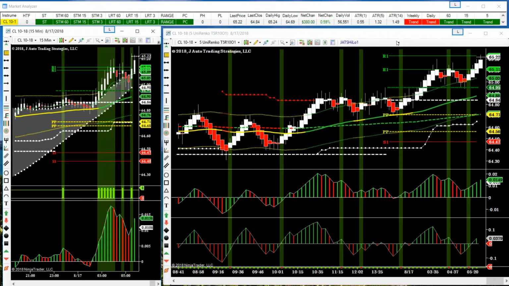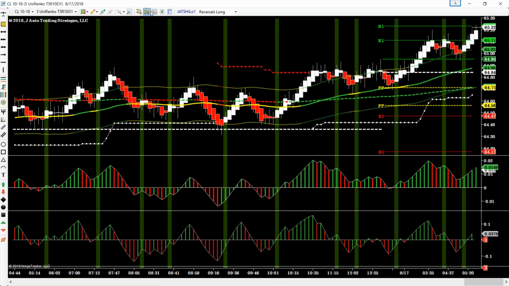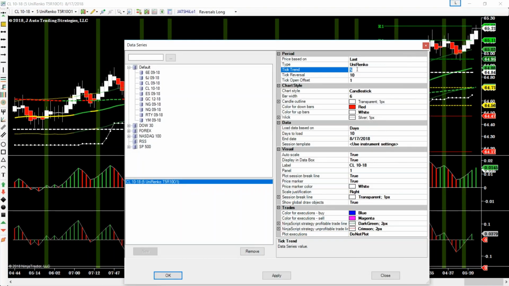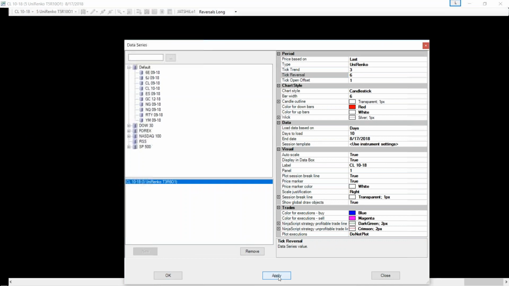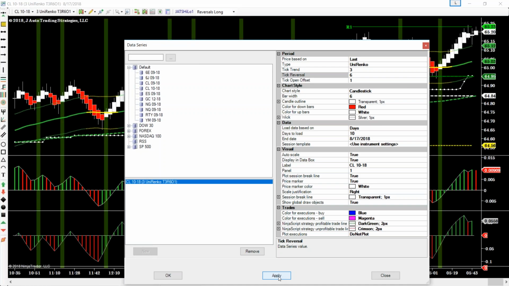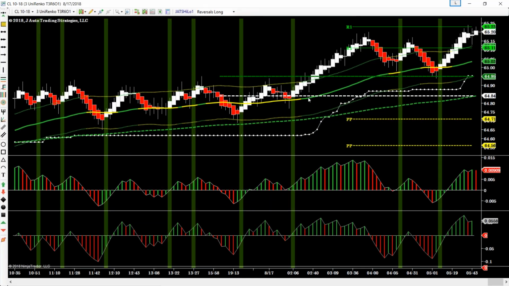If 18 ticks is too much risk for you, if you want to trade more trades maybe and less risk, then you can just lower this and bring it down to a 9 tick bar, but you're going to get a lot more losers, but you'll have a lot more trades to choose from, so maybe you can be more selective about where your location is.